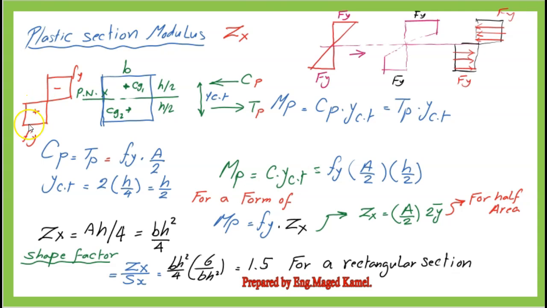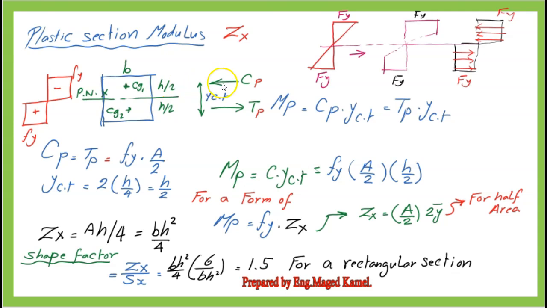If we consider the symmetry, the area above the plastic neutral axis will be equal to half of the area, or A over 2, where A is the total area of the whole section. The compression force will act on the upper section.